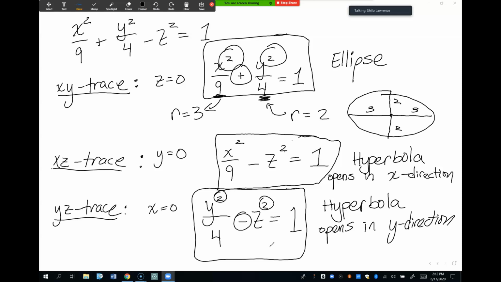In MyLabs Plus, these will always be multiple choice questions, so as long as you're able to find the traces and you know what they look like, you should be able to match it up with a graph if it's multiple choice. But I'm going to transfer all 3 of these traces onto the next page and then show you how I would come up with the graph for them.